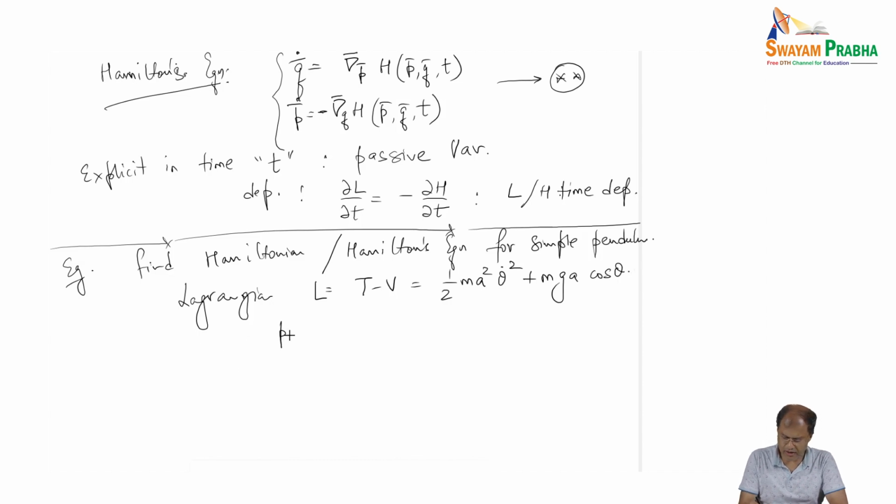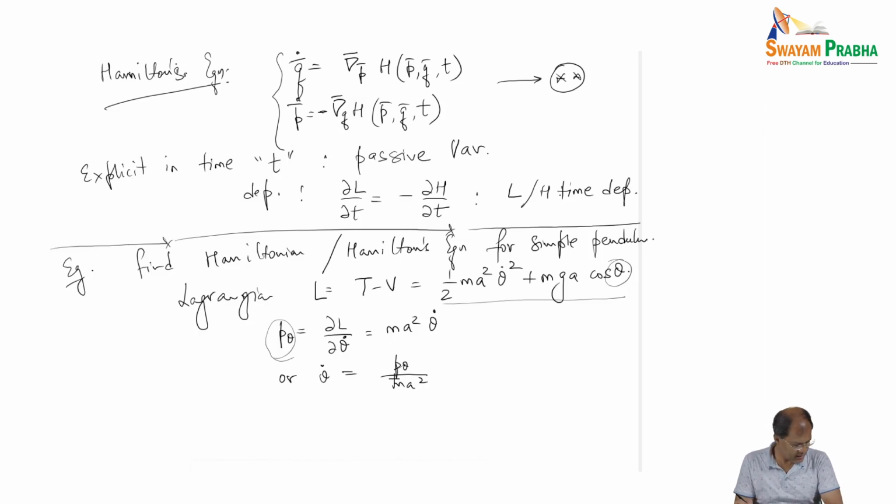And for this we have p theta given by partial L partial theta dot, and this is ma square theta dot. My generalized coordinate in this Lagrangian is theta. So my conjugate momentum p theta is as follows, or I can write theta dot as p theta by ma square.